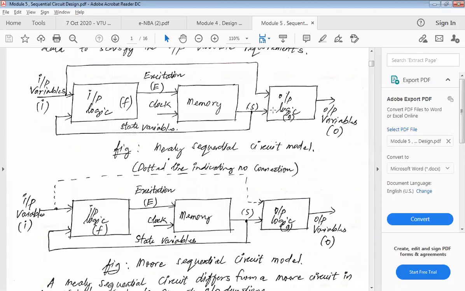The memory and the input variables are both contributing to the output logic. So if input is involved with your output, we call it the Mealy sequential circuit model. If there is no input contributing to your output logic, we call it the Moore sequential circuit model. Any doubts here?